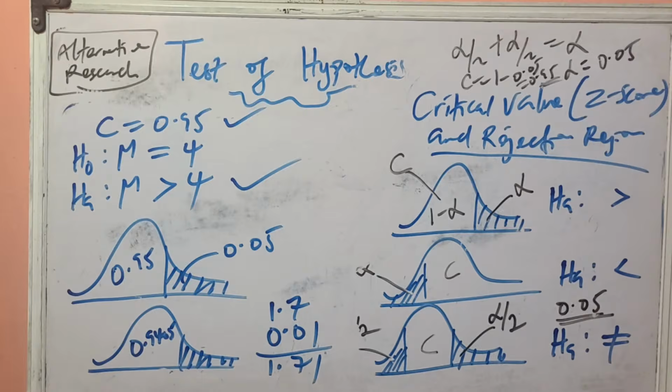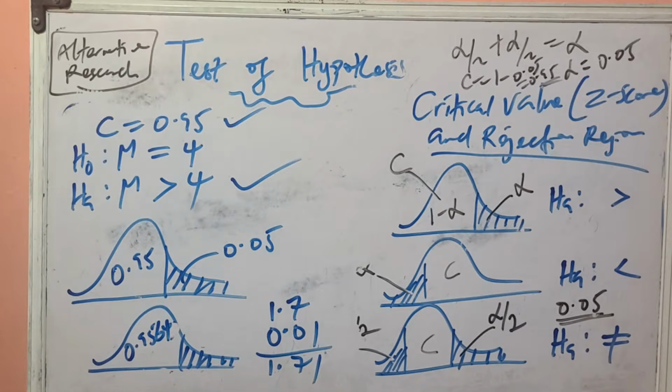Okay, so look at your Z table right now. So let's say we're dealing with 1.7 under 0.01. That was 0.9564.